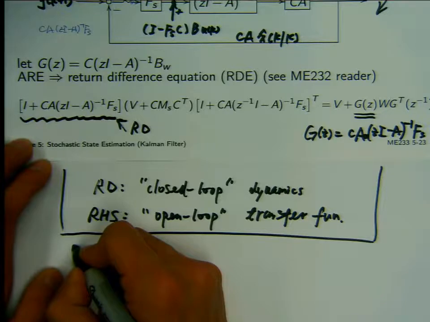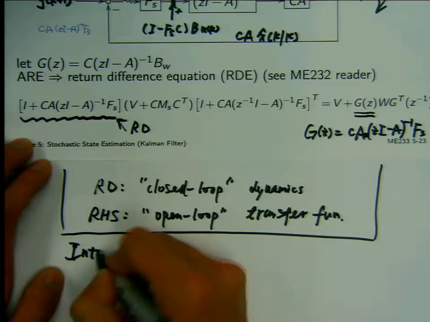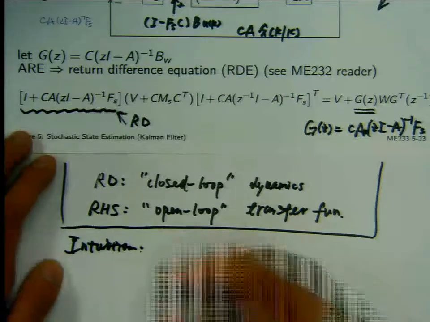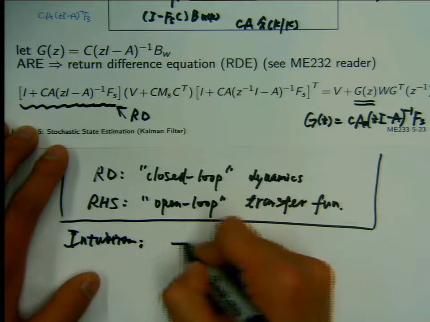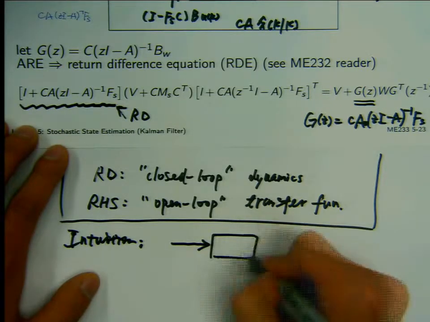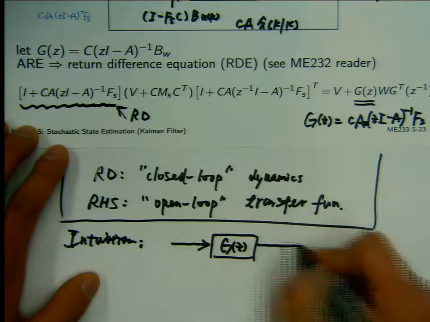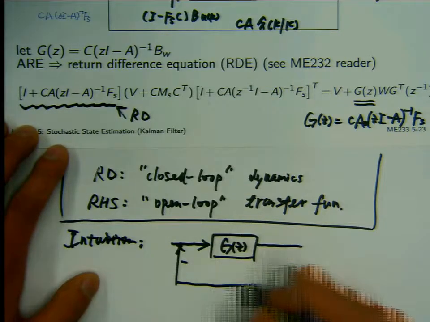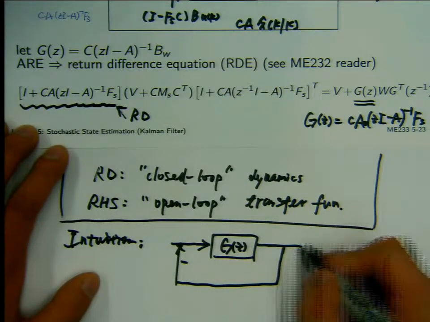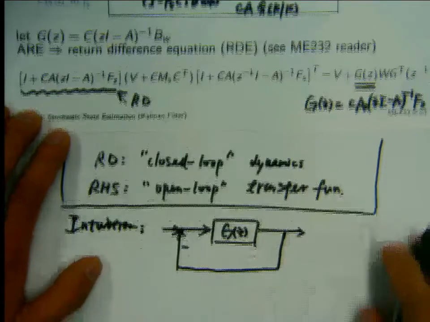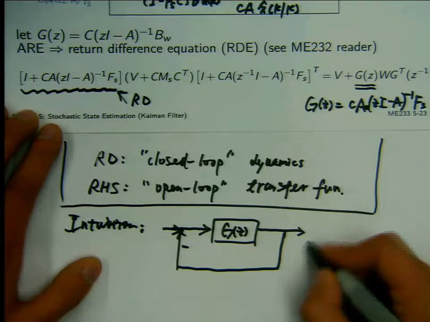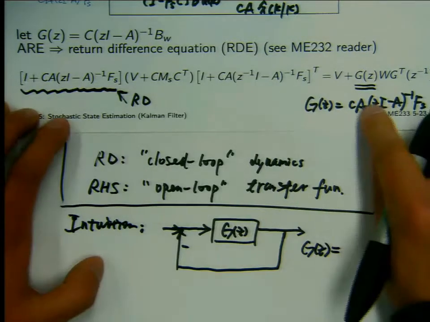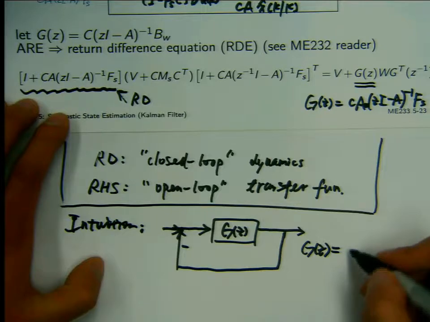Let's do one additional intuition here. If I have an open loop system closed by this negative feedback, and this G. So I'm giving the intuition of this return difference equality in the simplified case of a single input, single output system.